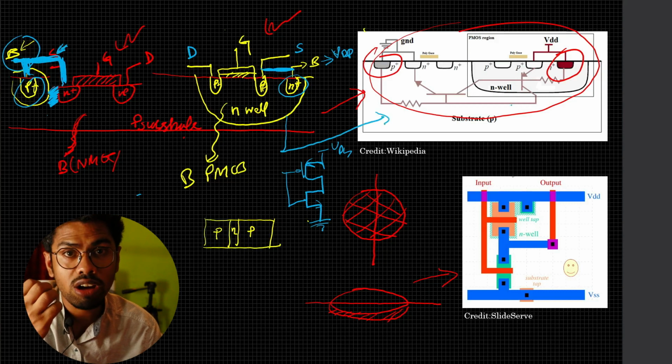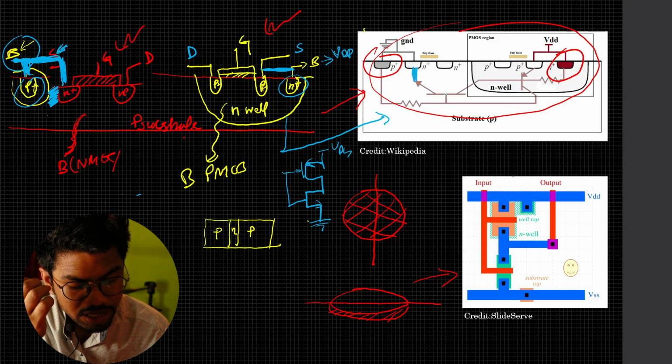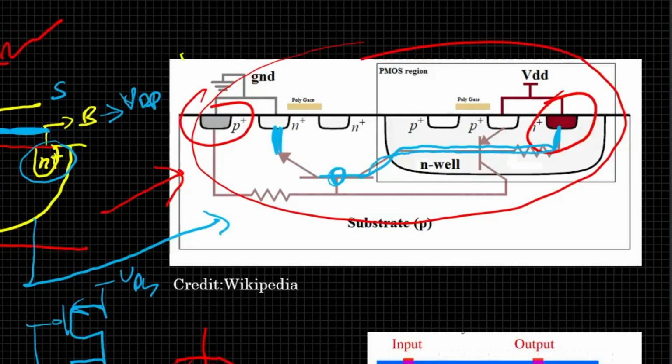I have explained how this came about, and here you can see this is one N terminal, right? Then this substrate here is of P type, and then again you have another N terminal here. So this could act as your NPN BJT. And likewise, if you see here, we have a P terminal here, right?